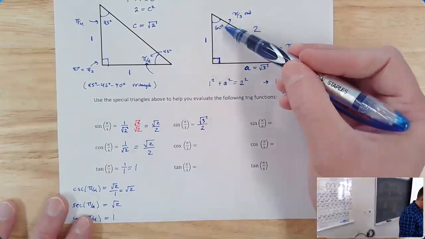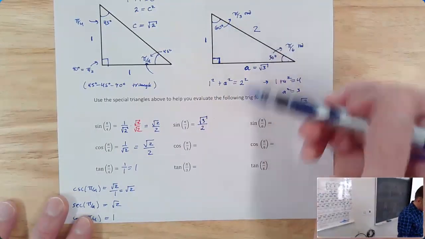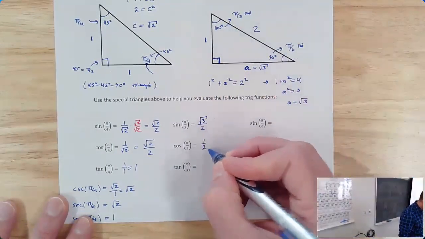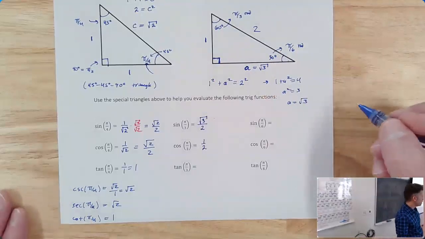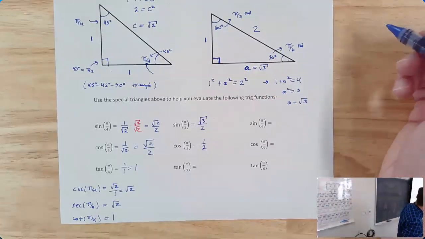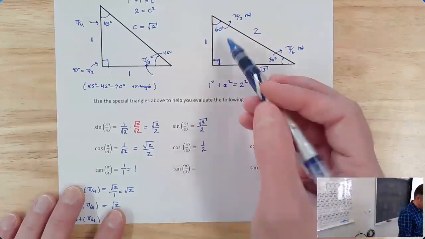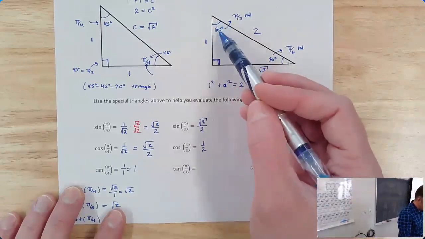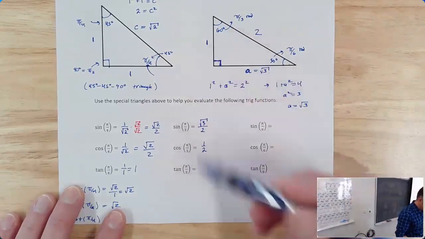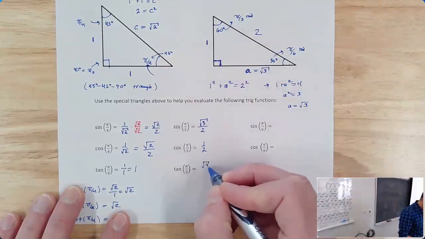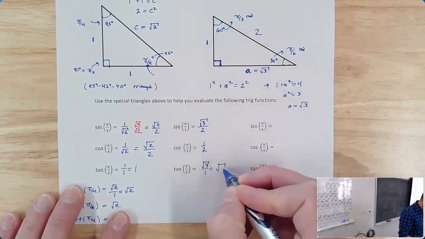Cosine of pi over 3 radians is going to be adjacent over hypotenuse, which is going to be 1 over 2. So nice, simple fraction. And tangent of pi over 3 radians, again, looking at that angle, I'm going opposite over adjacent. That's going to be root 3 divided by 1, which is just the square root of 3.